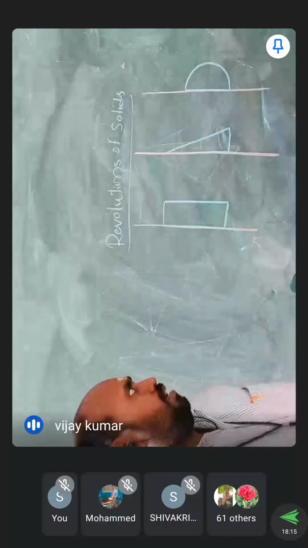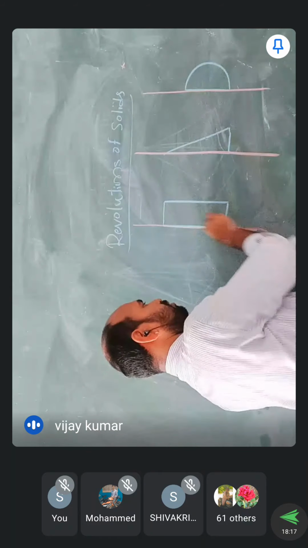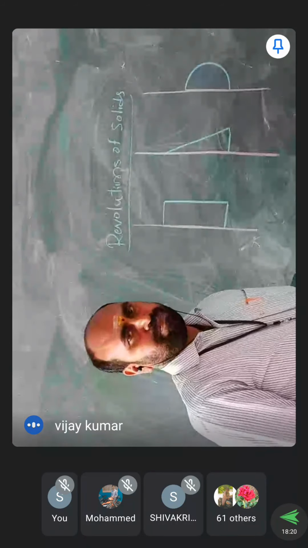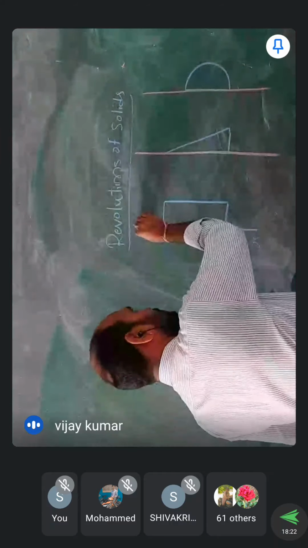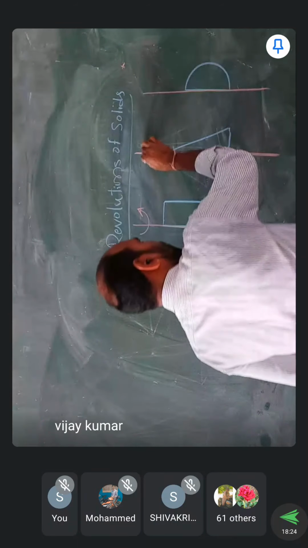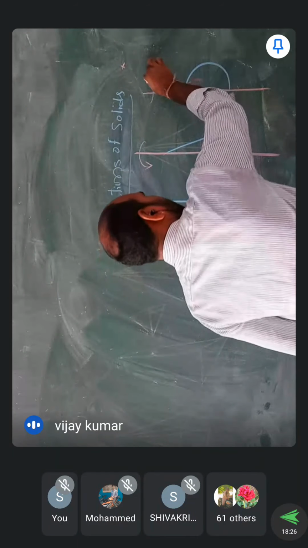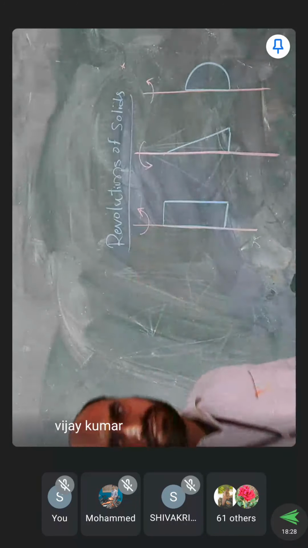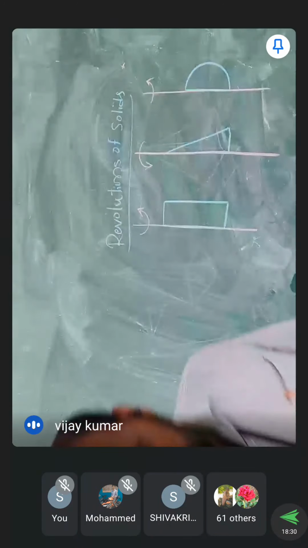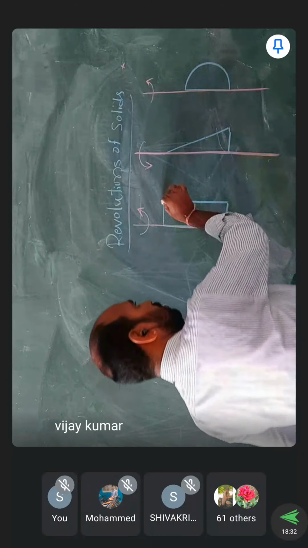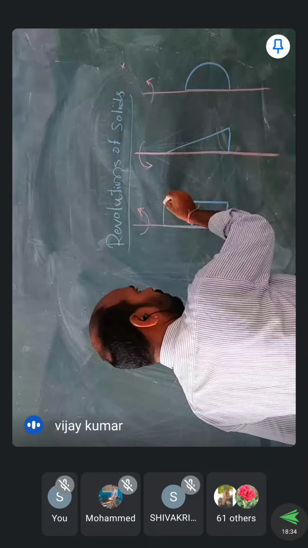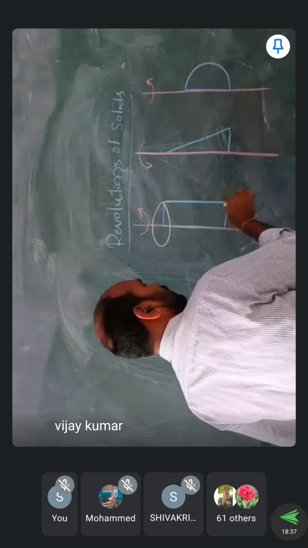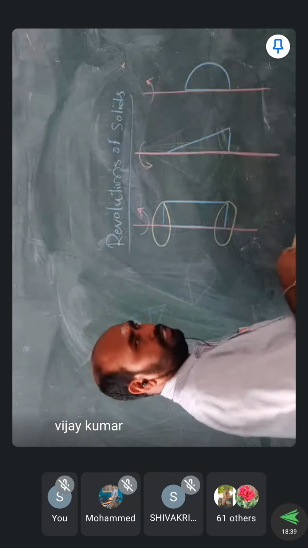All these planes are attached to this thread, and the thread starts revolving in this direction, or whatever direction you can rotate. This particular edge passes like this, and this is also moving like this.